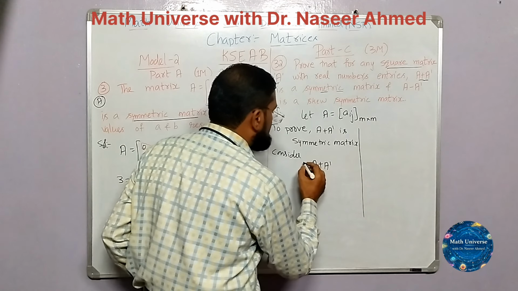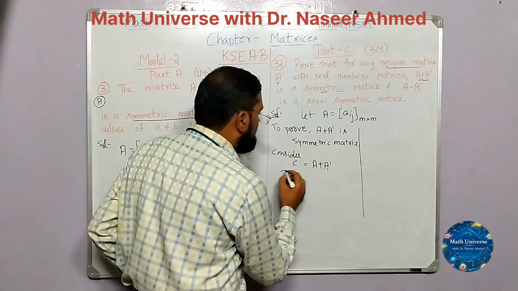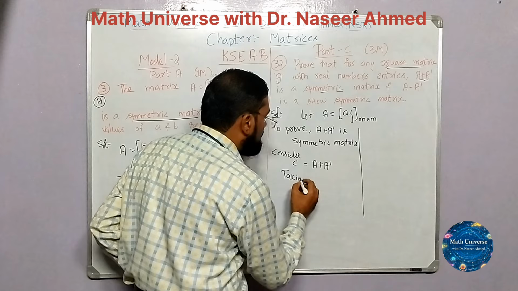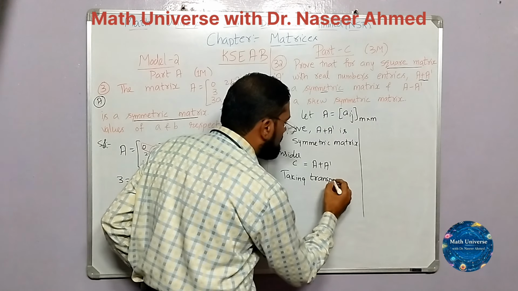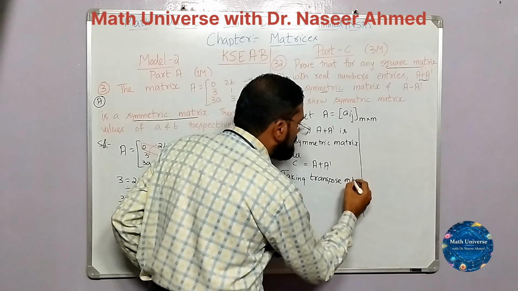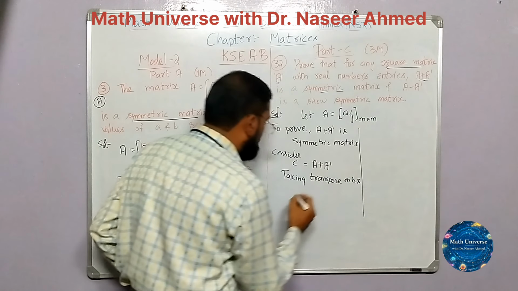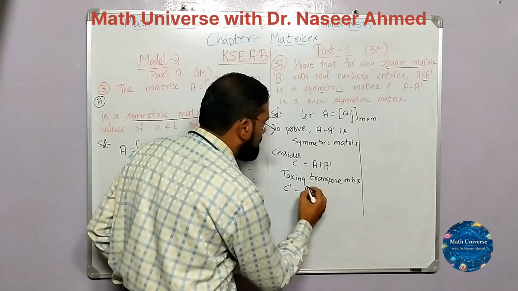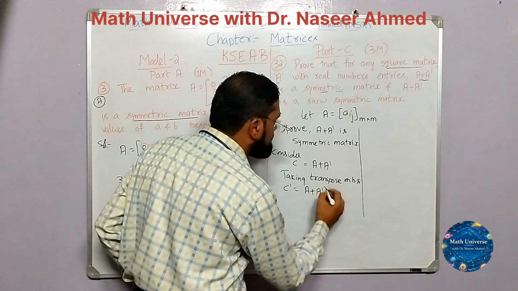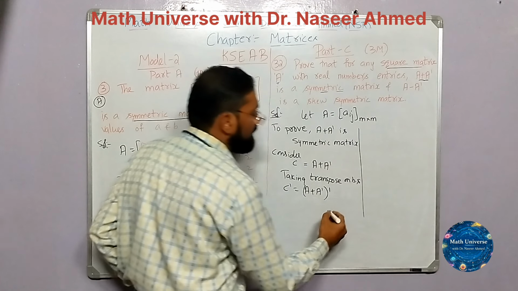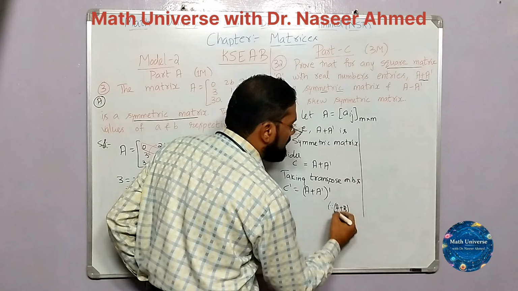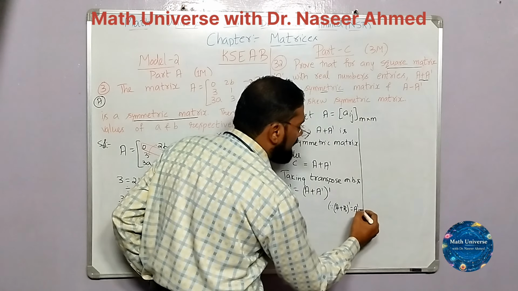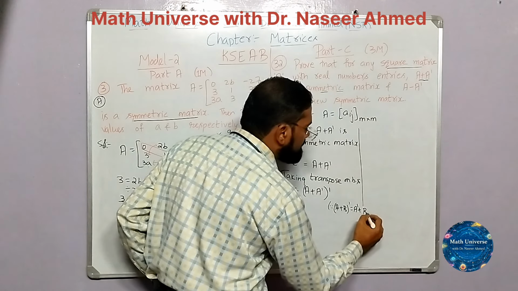So I will assume this one as some matrix C. So I will be taking the transpose on both the sides. When I do so, C transpose is equal to A plus A transpose the whole transpose. We know the property that A plus B the whole transpose is A transpose plus B transpose.